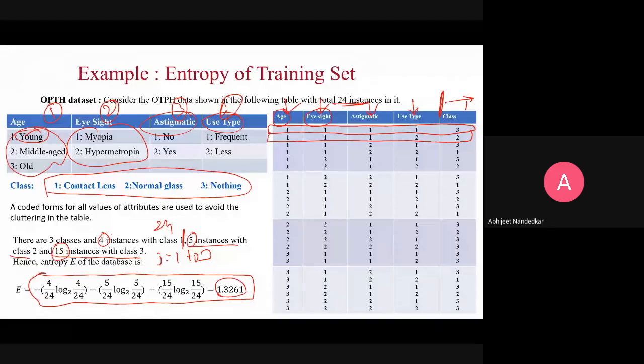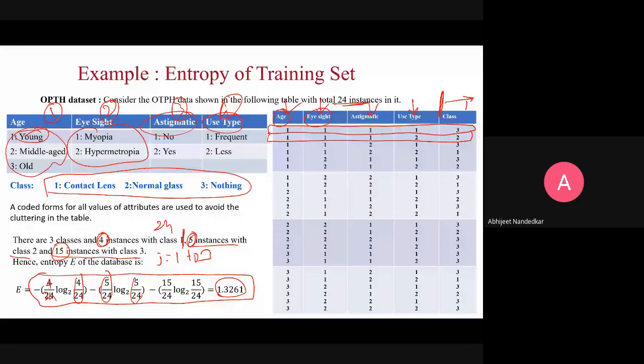Since it is 4 out of 24, the probability for omega 1 is 4 by 24, and log base 2 of 4 by 24, minus 5 by 24, since 5 instances out of 24, into log base 2 of 5 by 24, minus 15 samples of omega 3 out of 24 into log to the base 2 of 15 by 24.